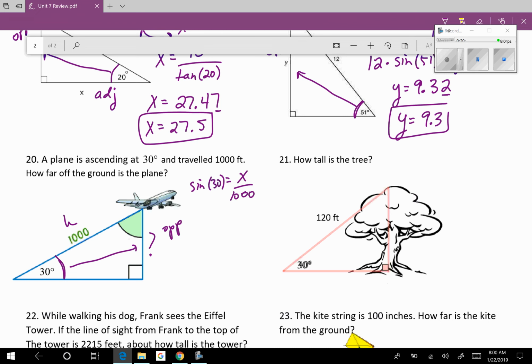Opposite over hypotenuse. Okay, number in the bottom, we multiply. So 1,000 times the sine of 30, that's x. So 1,000 times the sine of 30 is 500. So the plane traveled 500 feet.